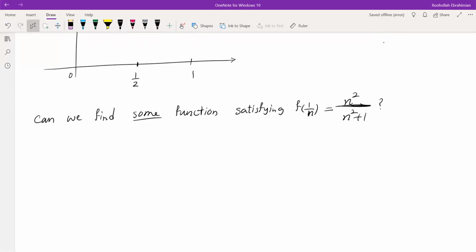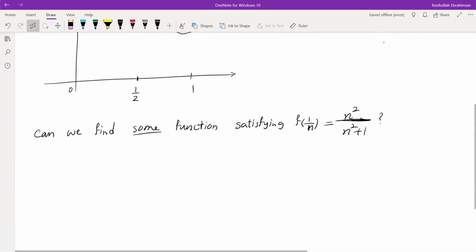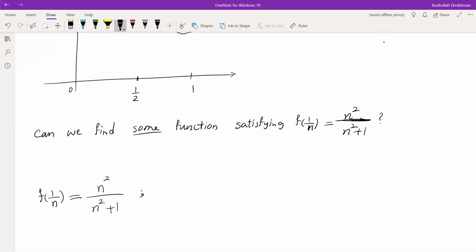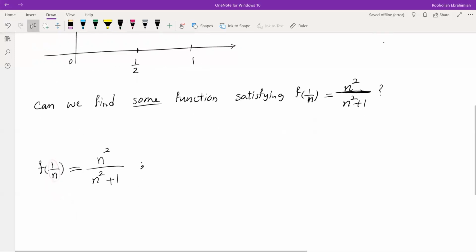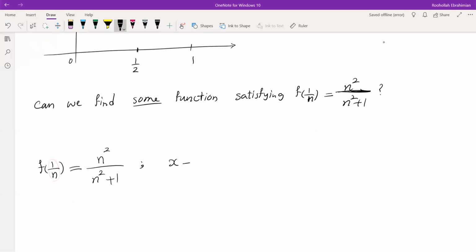Okay, that seems a lot better now, because looking at that, I can actually write this down as f of 1 over n equals something given in terms of n. In other words, the input and the output have some relation. If I plug in x equals 1 over n, that gives me n equals 1 over x.